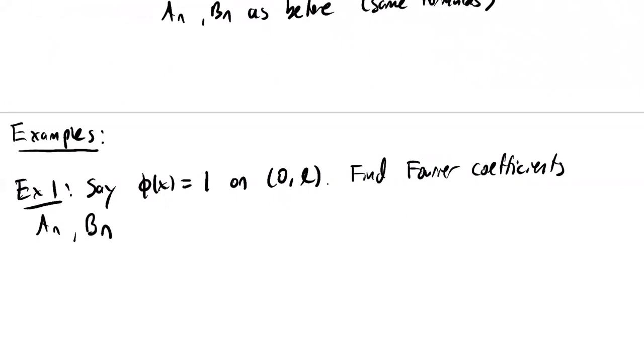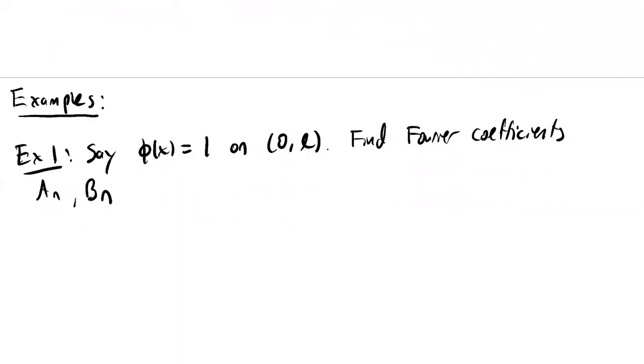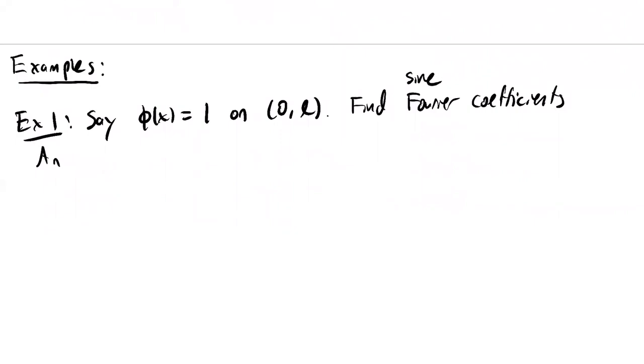And in fact, let's just do the sine, right? So we're only looking at the interval between 0 and L, so let's find the sine Fourier coefficients. We'll do an example with full Fourier coefficients next time, right? So it's just going to be, say, an.